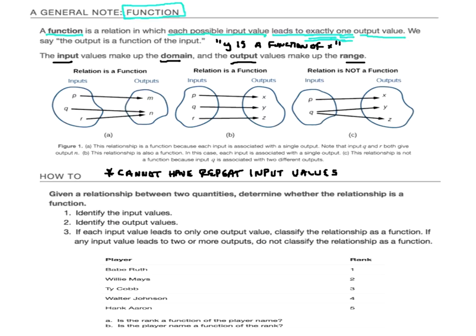I don't know much about baseball. Okay, so I've got some yeses, but that's true. I think that multiple players can be ranked at the same rank, depending on their stats. And so the player's name would not be a function of the rank because I could send that rank to more than one player. Now, if we're just going with what's on the screen here, then yes.